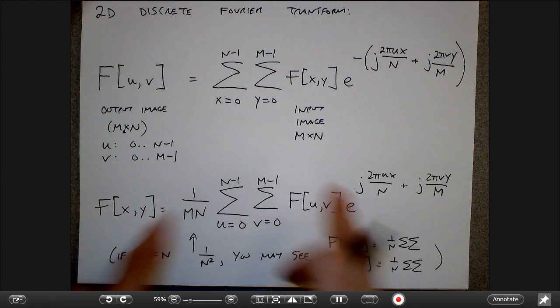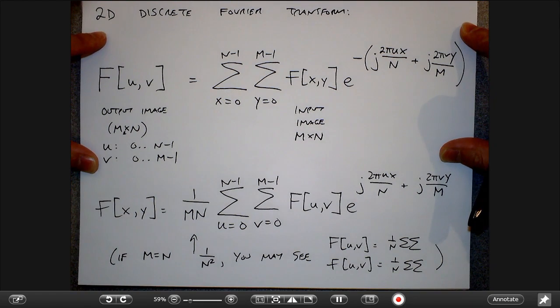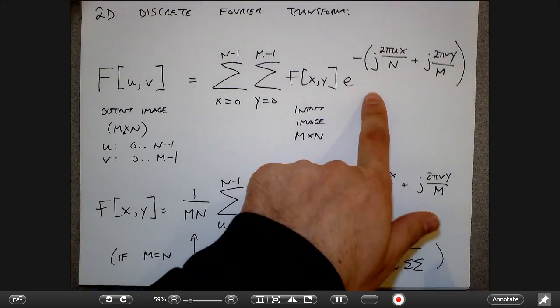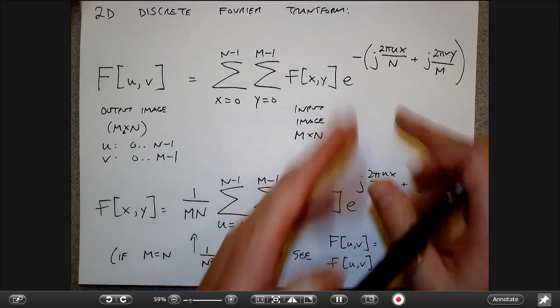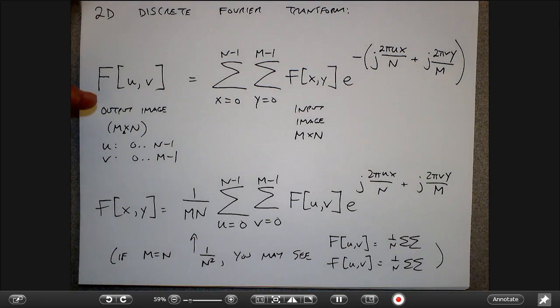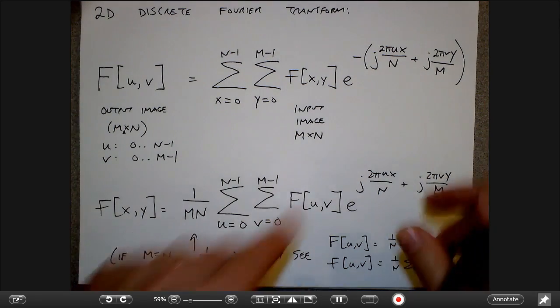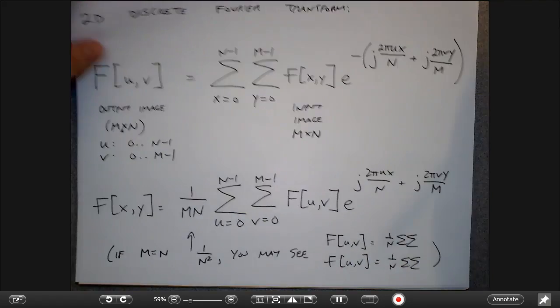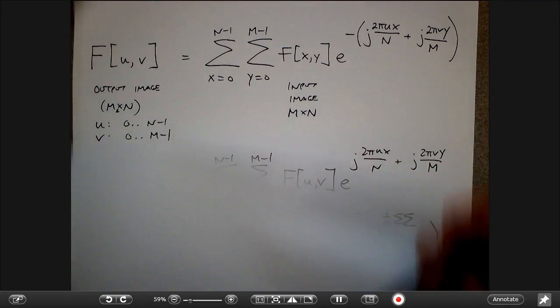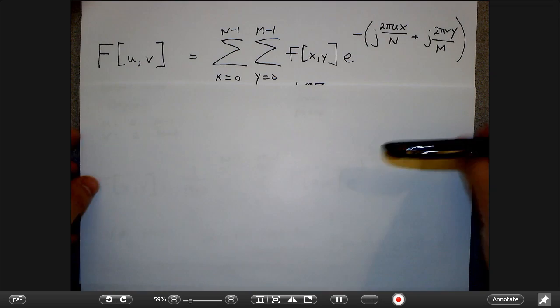Okay. And so the nice thing about this formula is that because of the way this exponential decouples, I can actually write it like 2 one-dimensional DFTs, right? So what I'm going to do is take this formula and make it a little bit easier by writing it in a slightly different way.